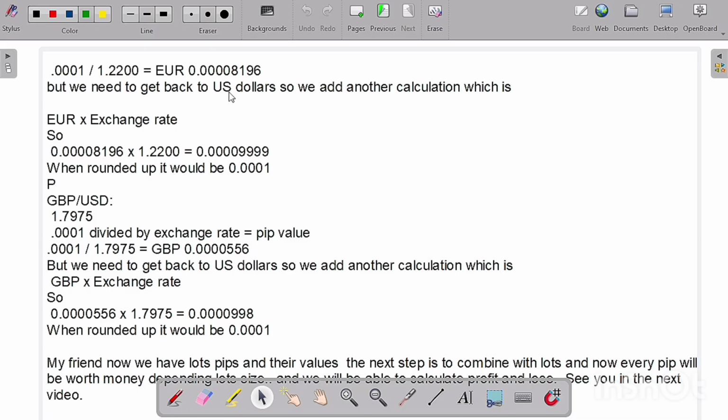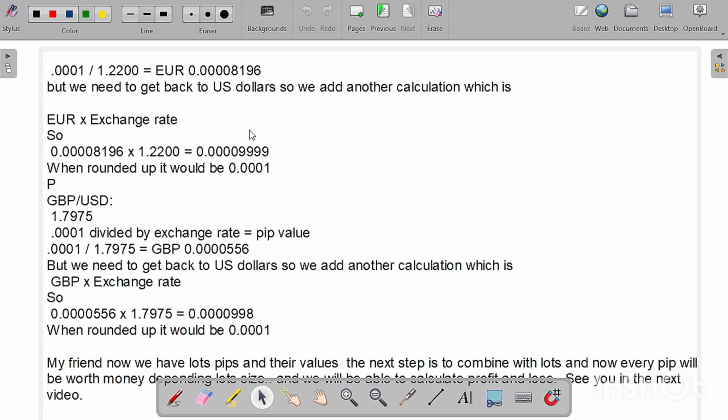Now we have this as our pip value, so we multiply by the exchange rate again, and this is the number that we'll get. How many decimal places do we have? We have 4, so you just round off, and because this is 9, when rounded up it would be 0.01.